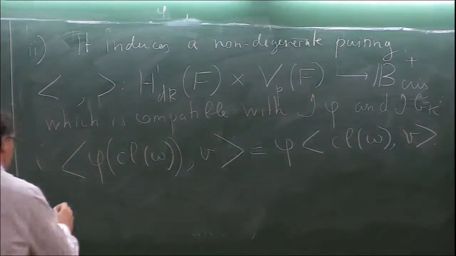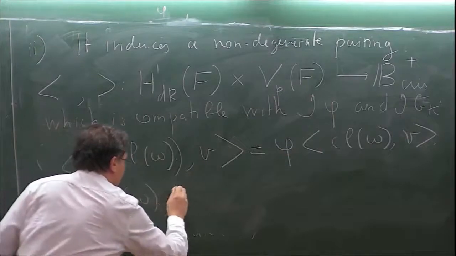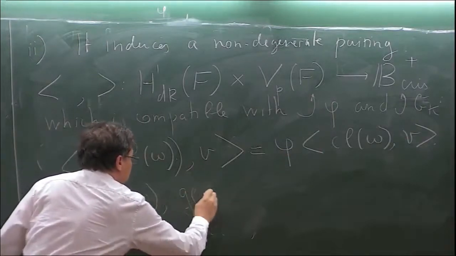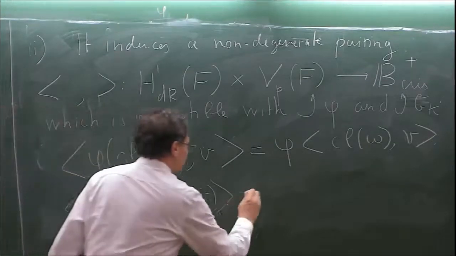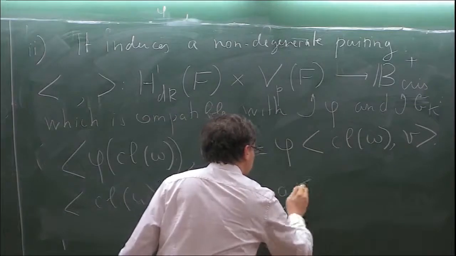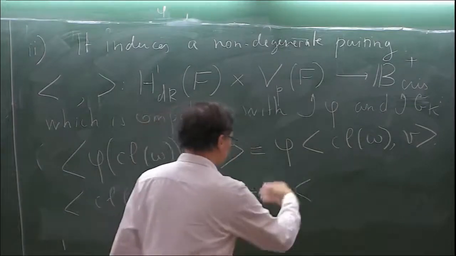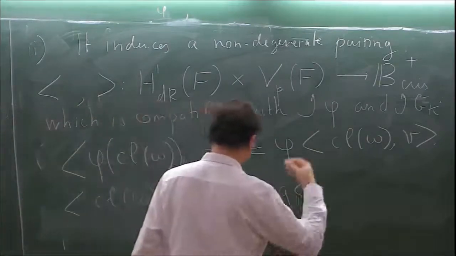And similarly, if we act on V by the Galois group, the pairing multiplies the period, so this makes G act on the period.